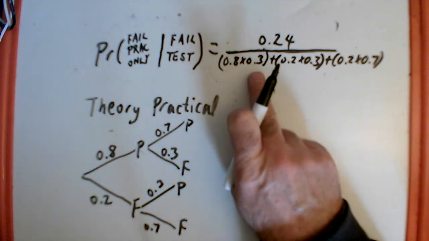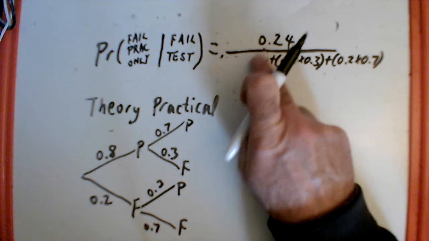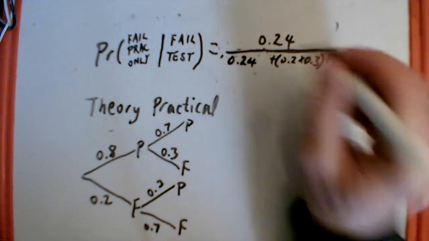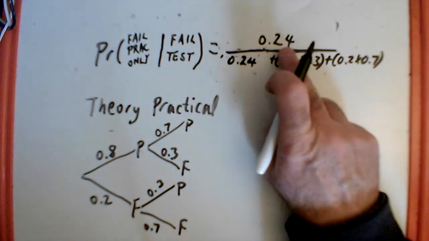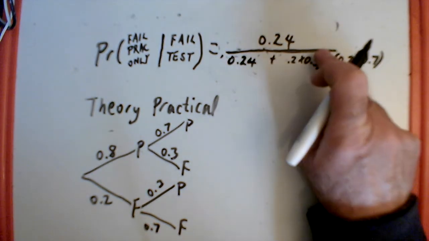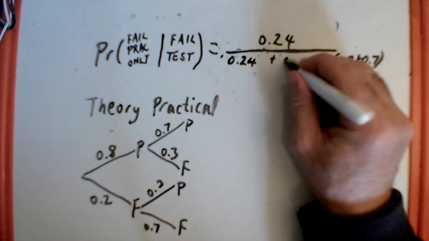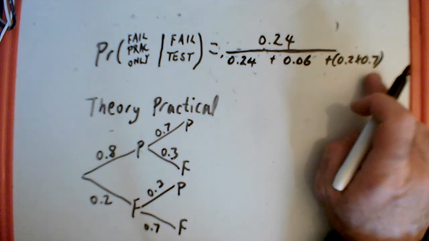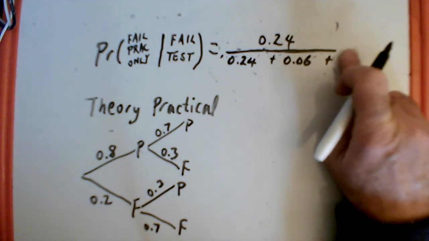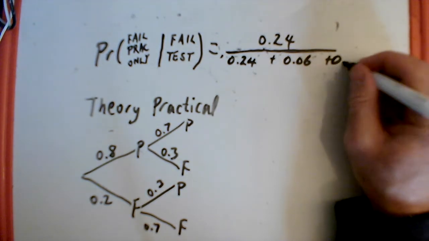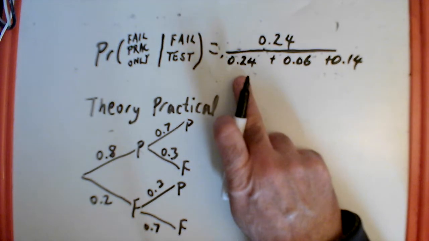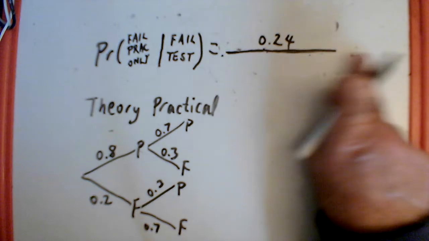0.8 times 0.3 is 0.24, and we saw that on the top of the fraction. 0.2 times 0.3 is 0.06, and 0.2 times 0.7 is 0.14. So the whole bottom of that fraction comes to 0.44.